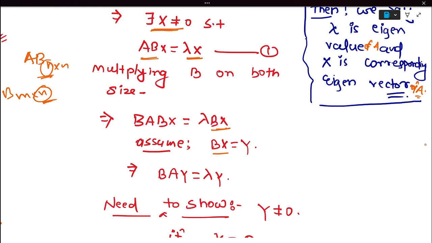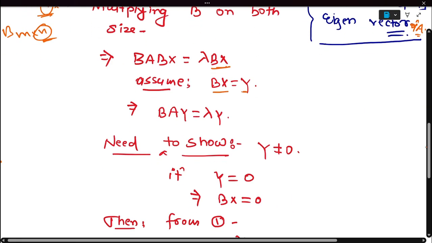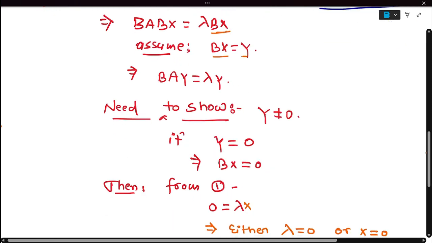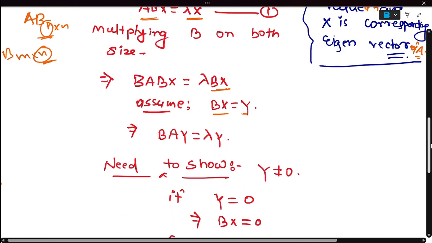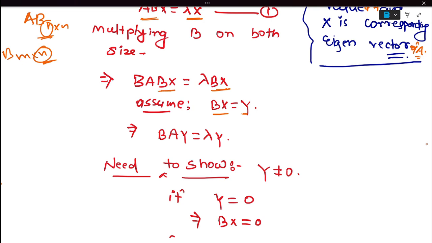Now assume Bx equals y, which is a vector. Then we can write BAy equals lambda y.